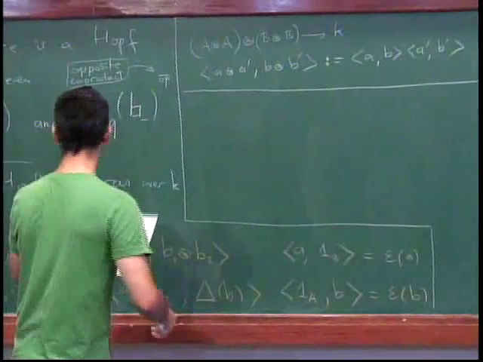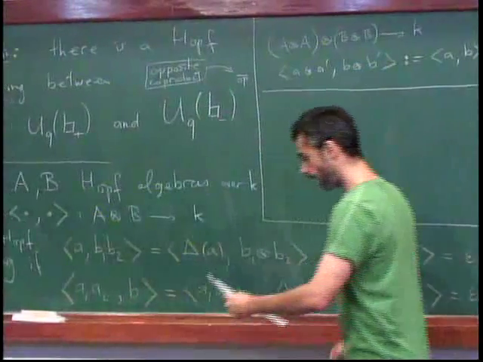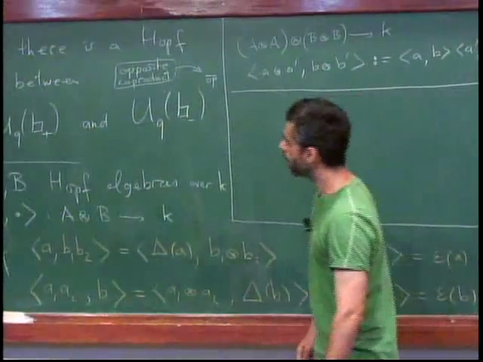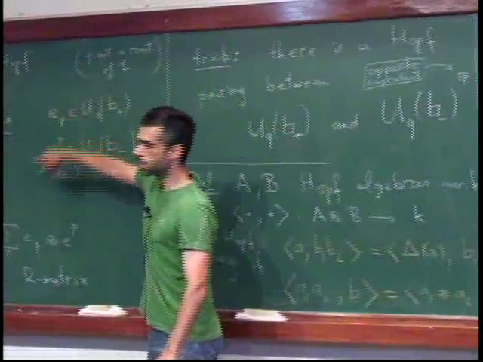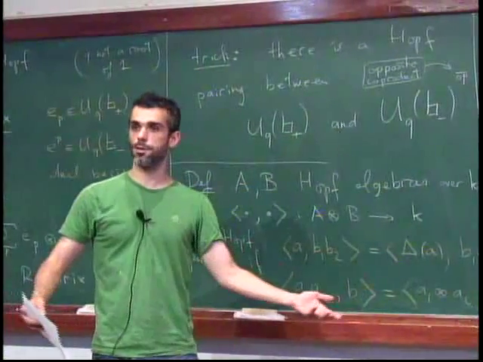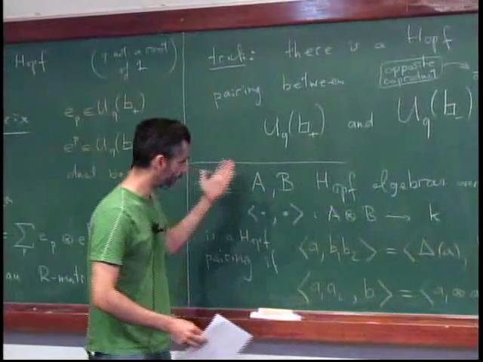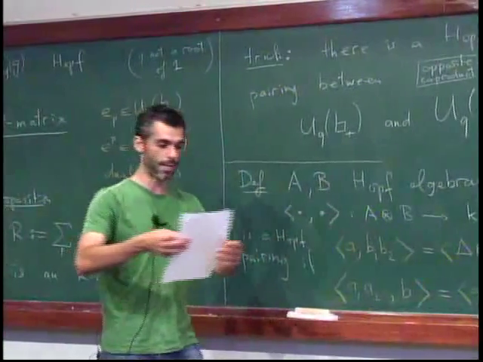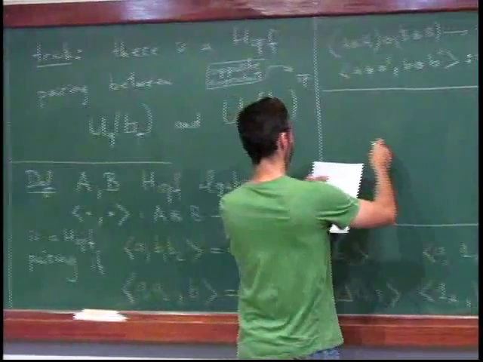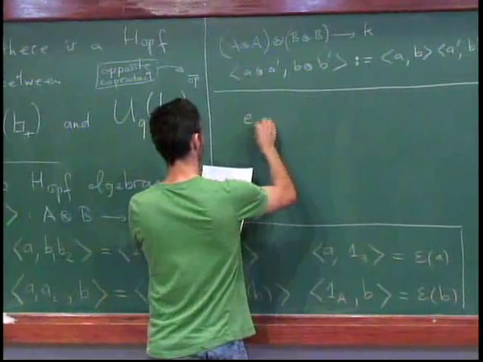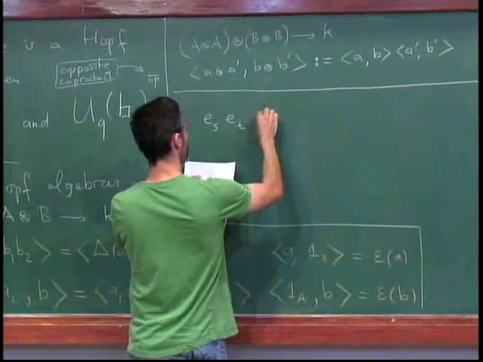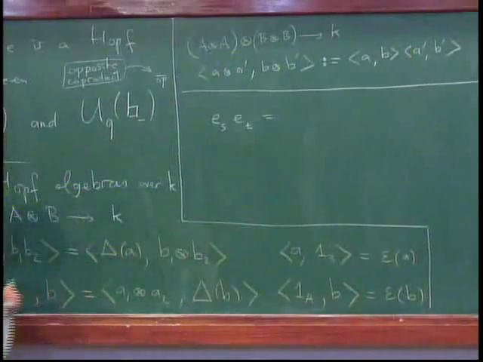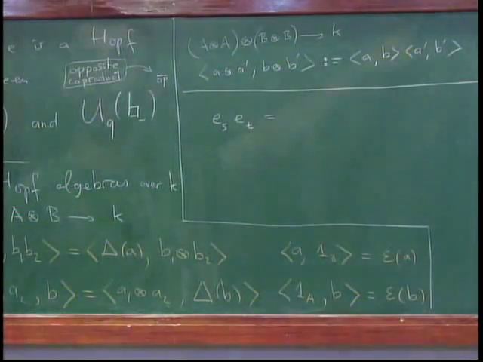So first of all, here we have bases. So since we have bases, we can write everything in terms of bases. In particular, we can write the product and coproduct in terms of bases. So let's write the product of two elements of, so lower indices means that I'm in UQB plus.